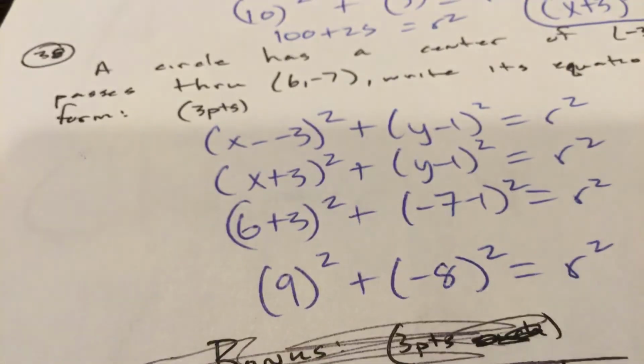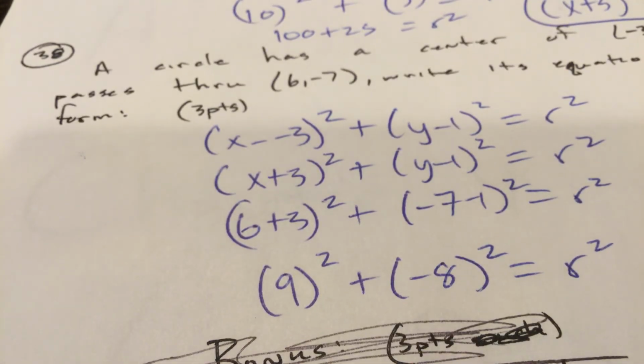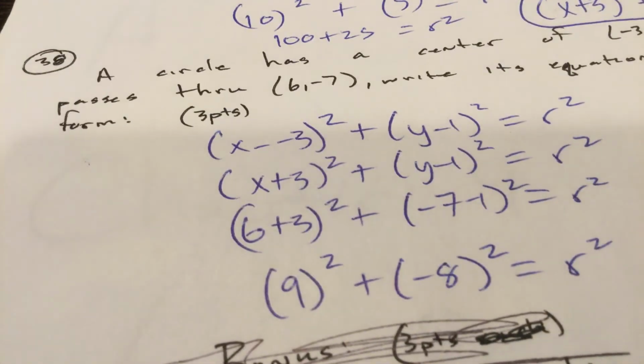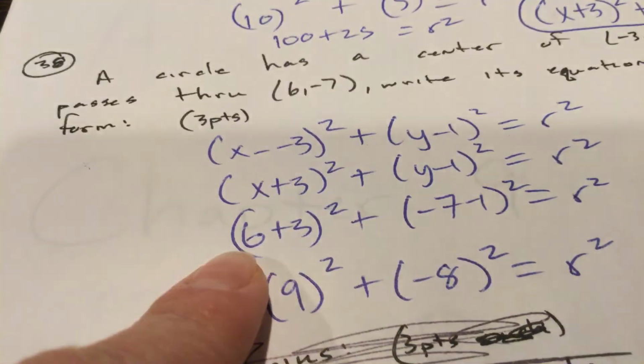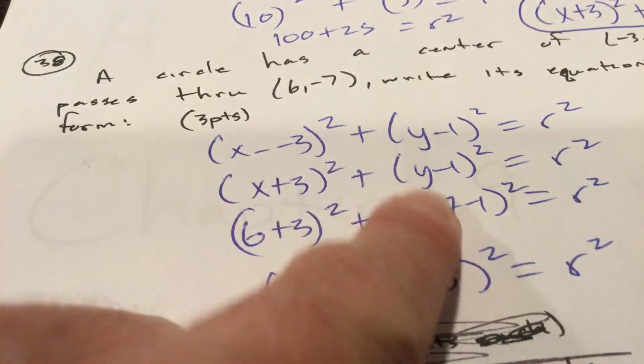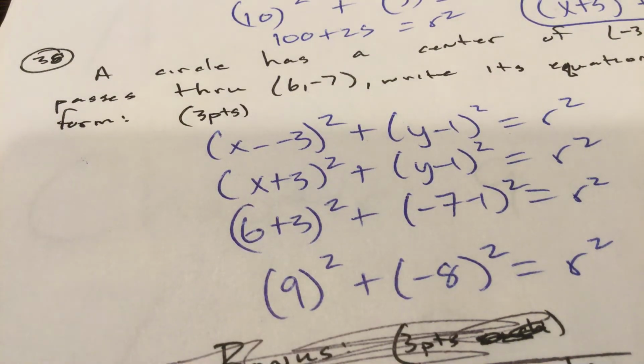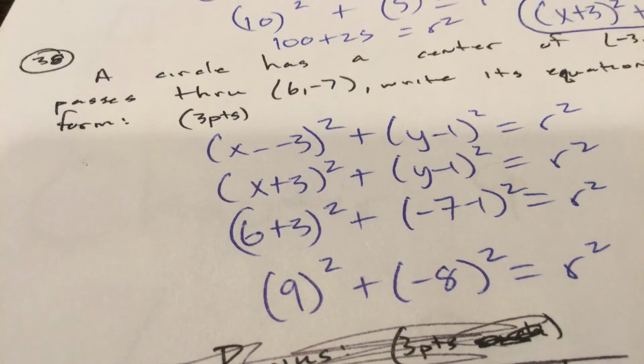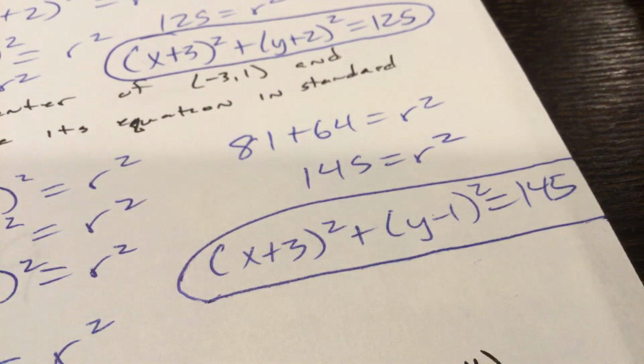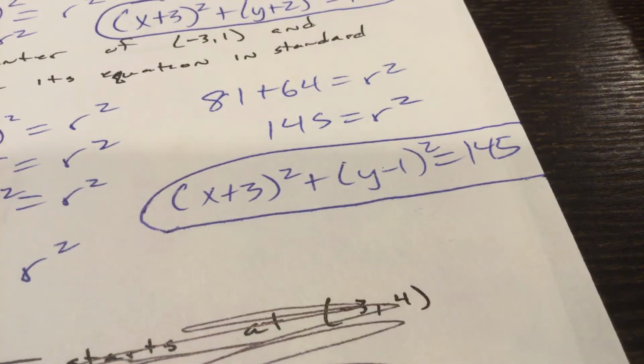That's equal to r squared. So that's x plus 3 squared plus y minus 1 squared is the radius squared. I know it goes through 6 for x and -7 for y, so substitute 6 in for x, -7 in for y. Do that arithmetic. -8 squared is 64. Be careful. And holy cow, folks, there is my final equation.